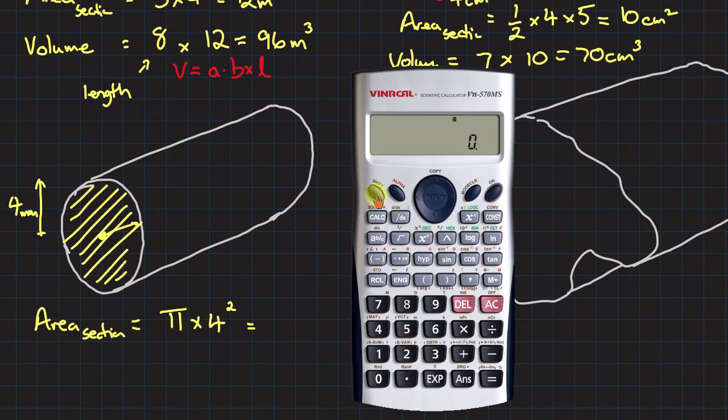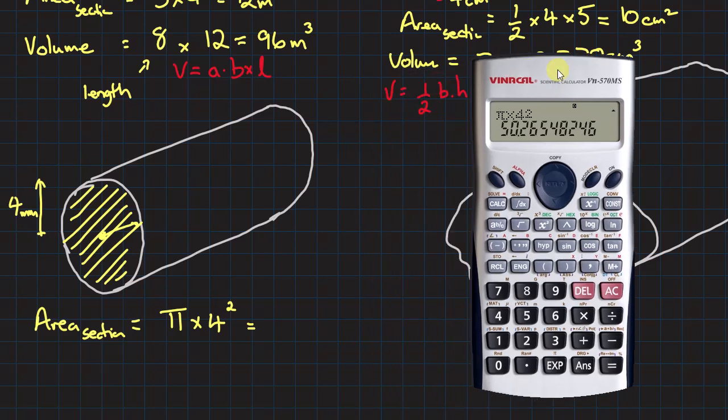So I need shift pi multiplied by 4 squared. Oops, I didn't do the shift properly. Shift pi times 4 squared. Syntax error because it doesn't like the multiply afterwards, and it took it out. Shift insert multiply. And I get 50.27.